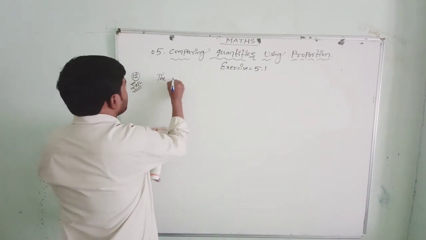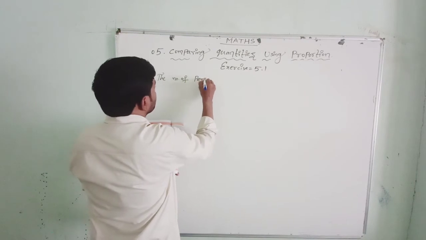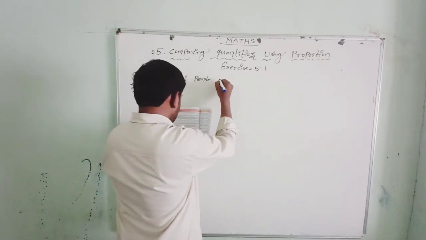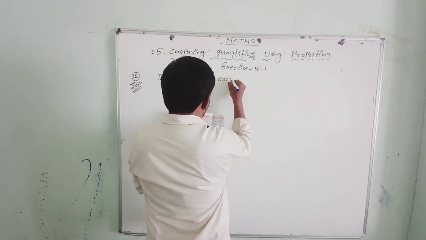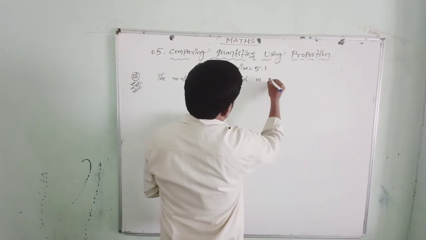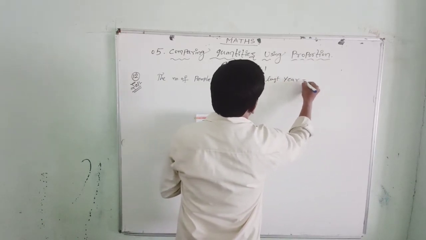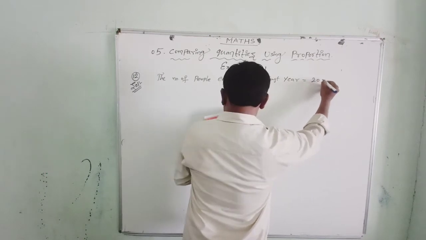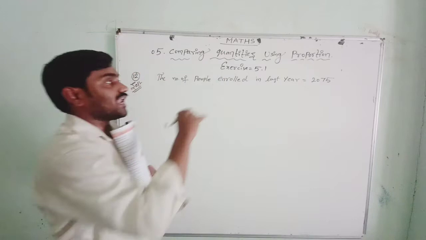Therefore, the number of people enrolled last year equals 2075. These are the people who are enrolled in the last year.